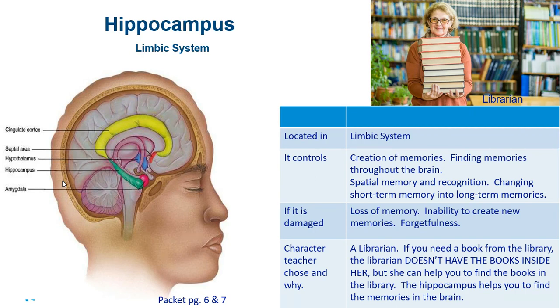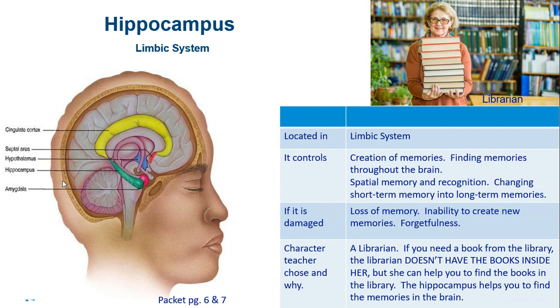And so, if you have a very stressful life, when you're older, you're going to have more damage to your hippocampus than someone who had a very easy life. And that's going to mean this person is going to have more memory issues than someone who had a very easy life.